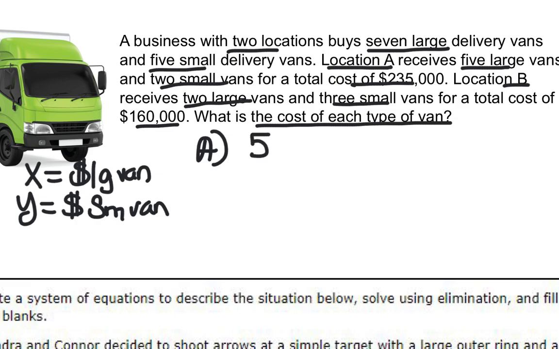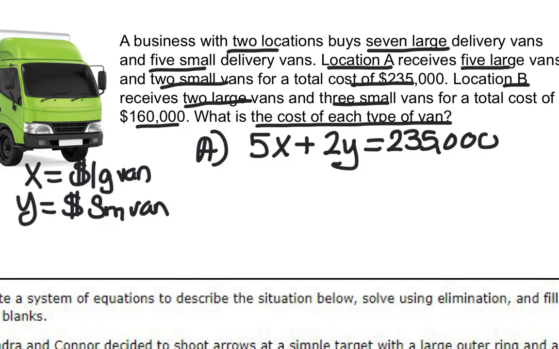So 5 times the cost of a large van plus 2 times the cost of a small van was a total cost of $235,000. Okay, location B, they had 2 large and 3 small for a total of 160,000.